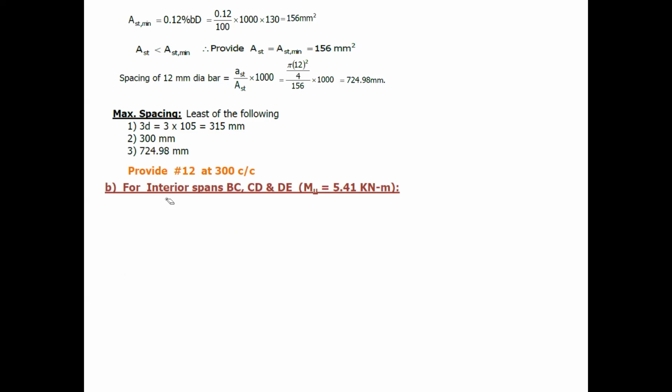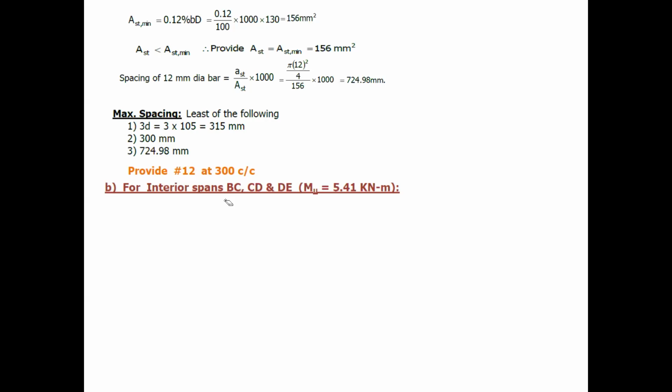Take down. Next, B for inner spans, for interior spans BC, CD and DE. So here Mu is not 5.41. How much is Mu? You have to consider for inner spans. 6.33?